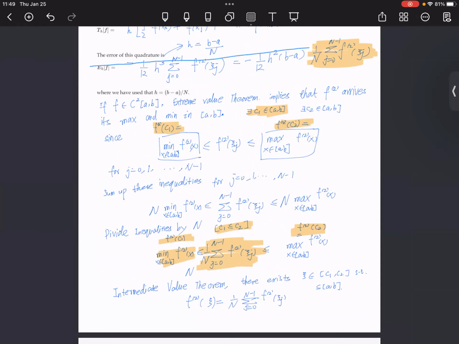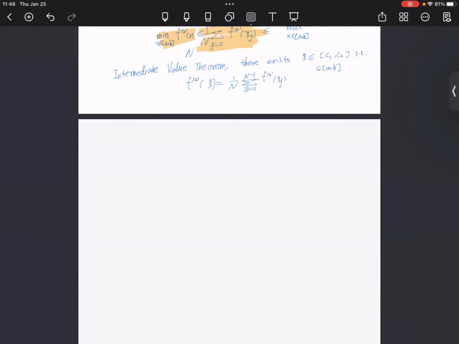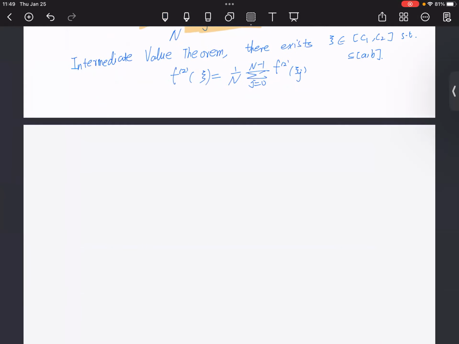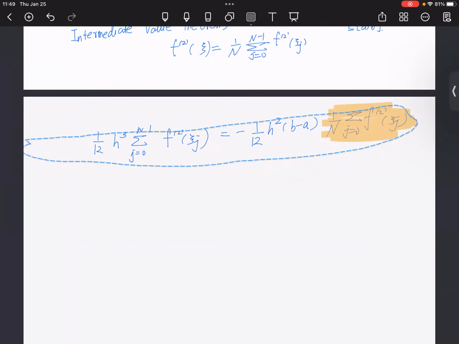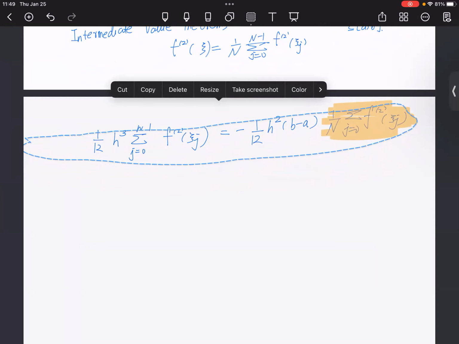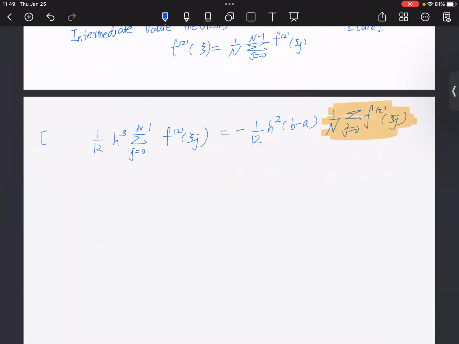At the very beginning, this is the error term. But now with the extreme value theorem and the intermediate value theorem, we can write the errors in this way. The EH, this is the error of the composite trapezoid rule.